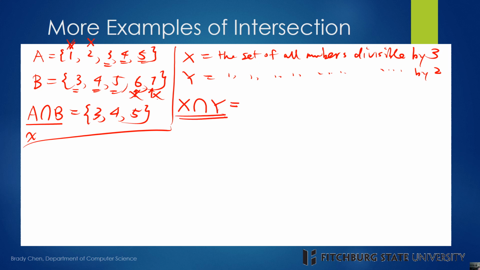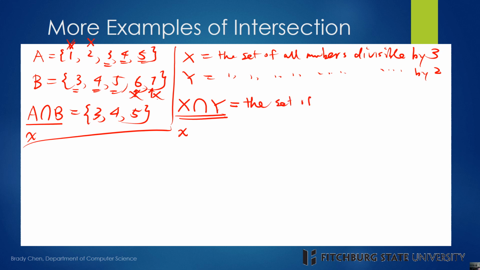Again, if x belongs to X and Y, that means x must be divisible by 3. But in the meantime, x must be divisible by 2, right? So what is the intersection of X and Y?